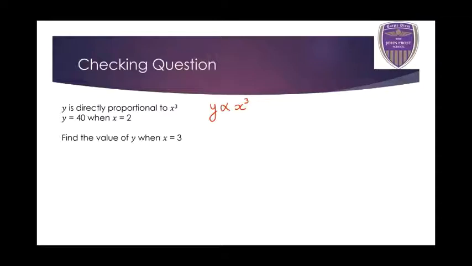Okay, so remember the formula. First things first, we need to find the constant k. So y is equal to k times x. Oh, sorry, it's not x, it's x cubed, because y is directly proportional to x cubed. So y equals k times x cubed. In this case, when y is 40, x is 2.